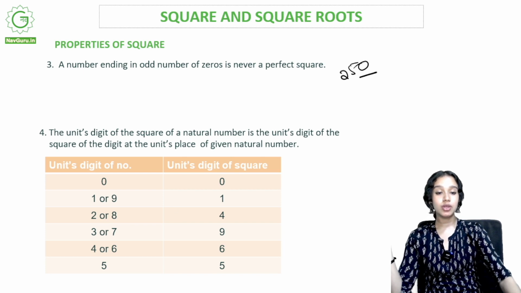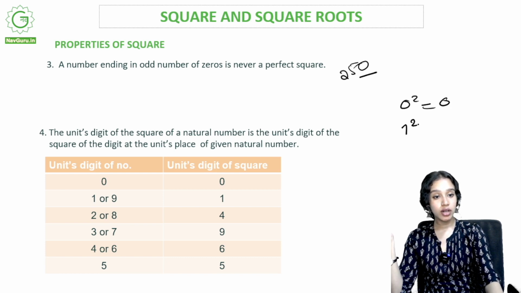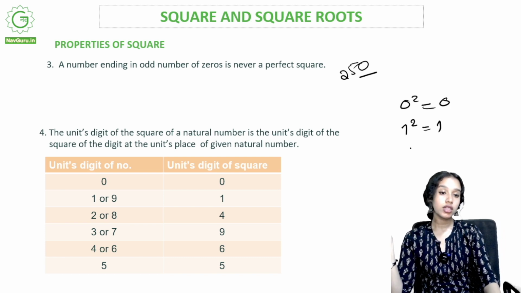Okay, so we have the square of 0. What is 0 into 0? 0. What is the square of 1? It's 1. What is the square of 2? It's 4. What's the square of 3?